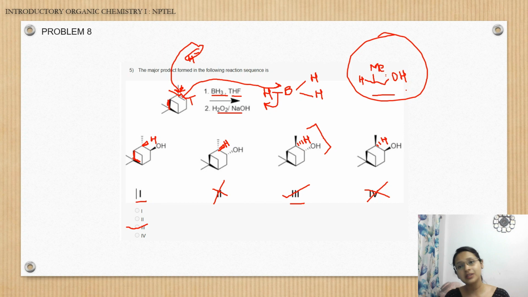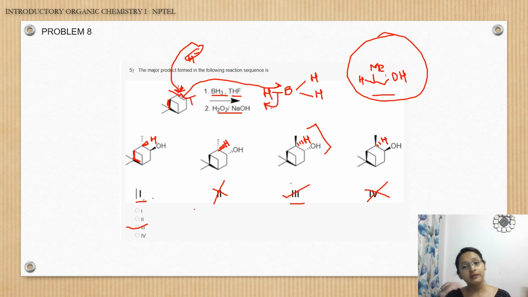If BH2 is getting replaced by OH, the stereochemistry is not going to change. So the attack is the same, the stereochemistry of H and BH2 is the same, and the OH replacing BH2 is also syn to the hydrogen. It is clear, right? So if these both are syn, then first and third could be the possible answers.